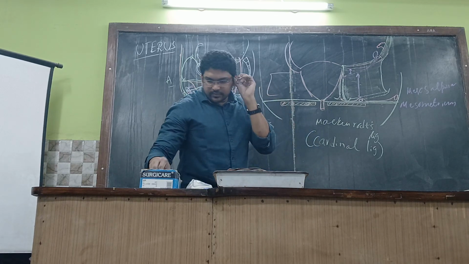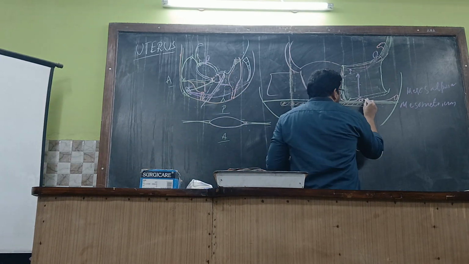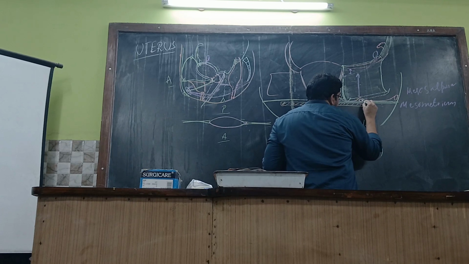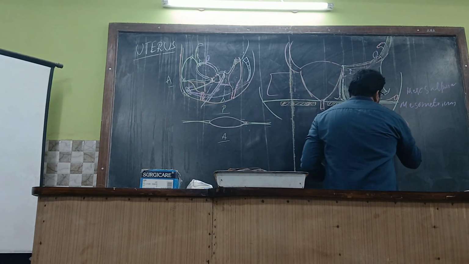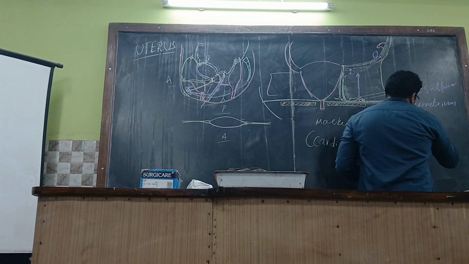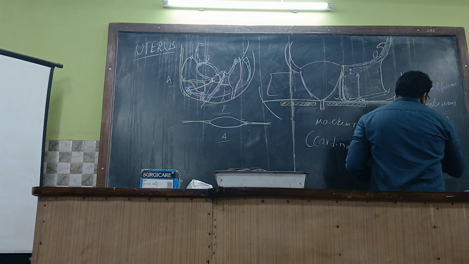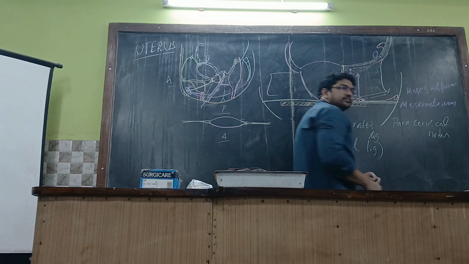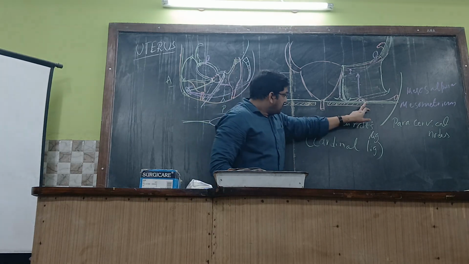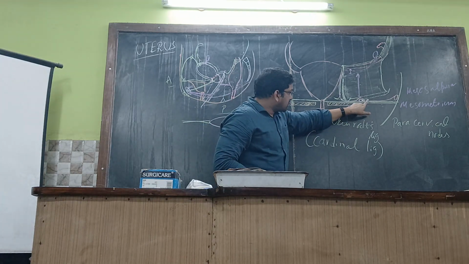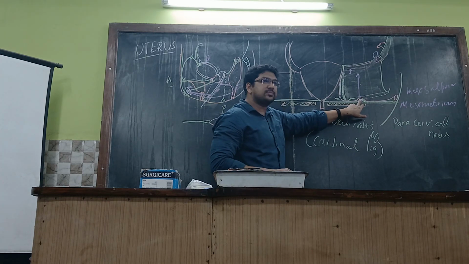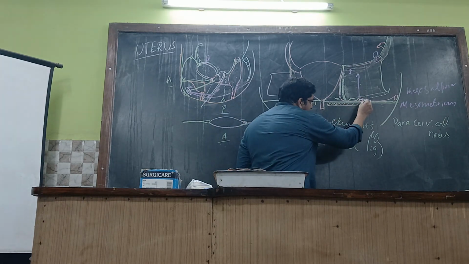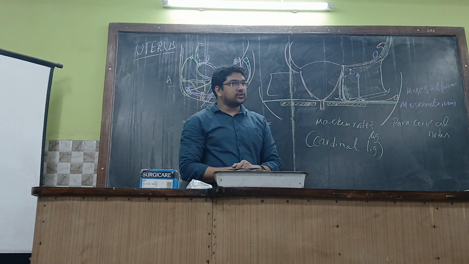And one more thing, there is the presence of lymphatic nodes over here which are called the paracervical nodes over here. Okay. So at this junction, whenever there is a crossing or overlapping of this uterine artery with respect to the ureter, at this junction there are a few lymphatic nodules over here.